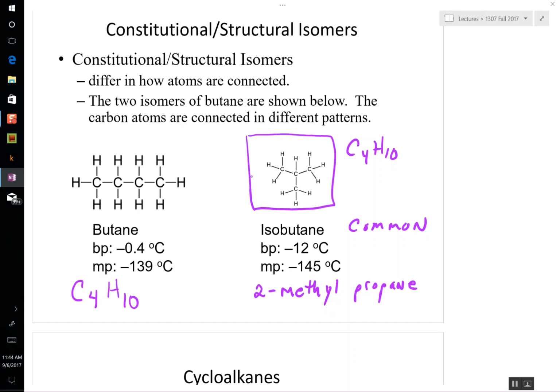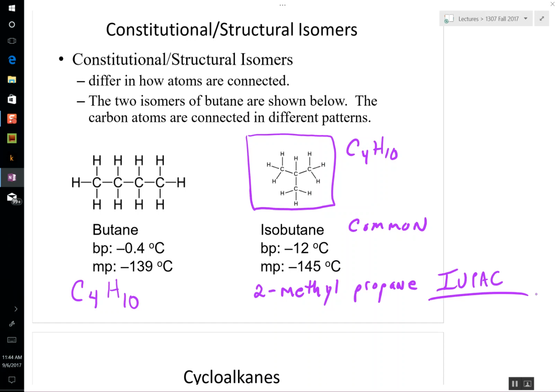It's also called isobutane. I think this is the only molecule like this in chapter 10 where there is a common name for a compound that actually is used more often than its IUPAC name. This is its IUPAC name. So add that.